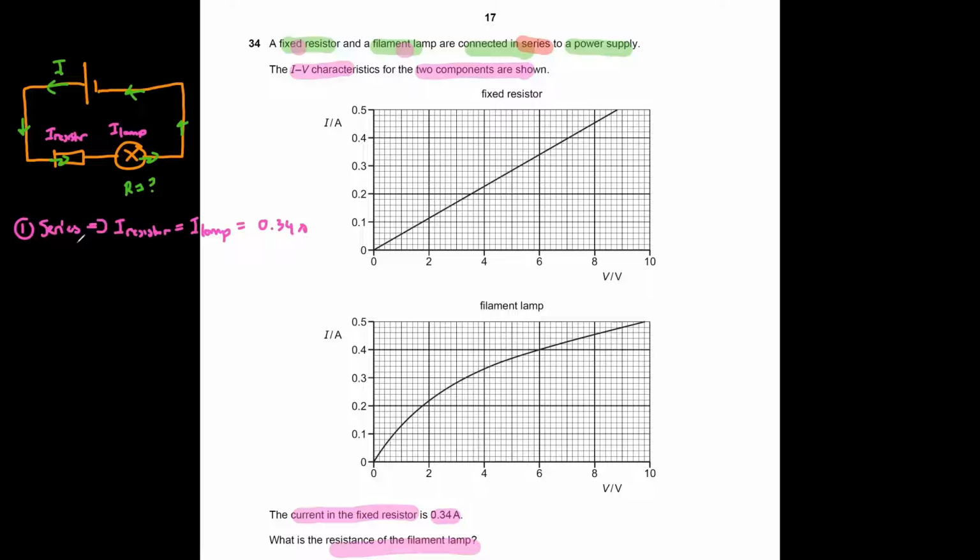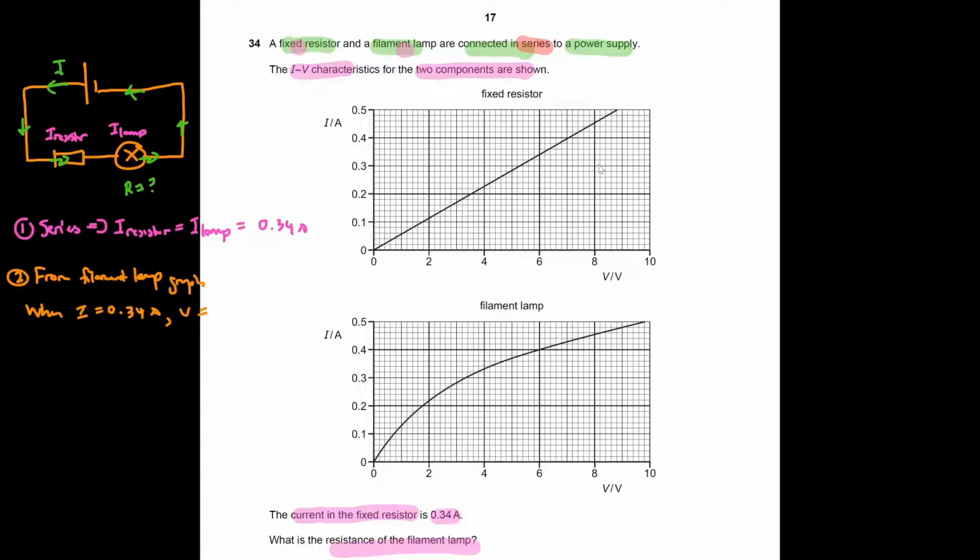Then after that, from the filament lamp graph, try to find out the voltage corresponding to a current of 0.34 amps. When I is 0.34 amps, your voltage is going to be some value.